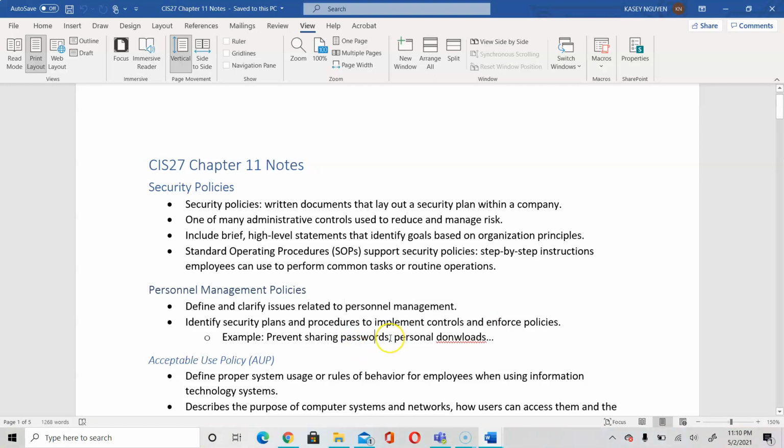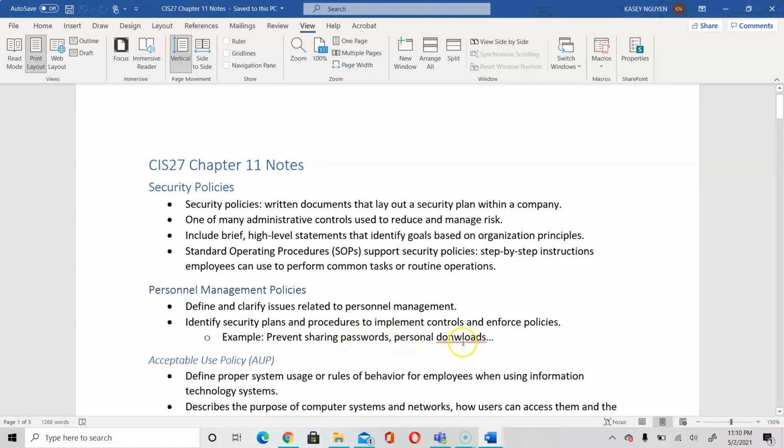And we want to write a procedure on how to create a password and safely use a password, but the policy would enforce the rules on how each employee needs to use their password. For example, we don't want them to be able to verbally share the password or have written notes of passwords and pass them around.